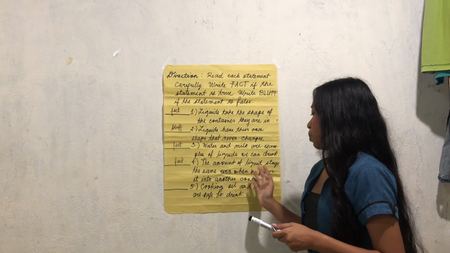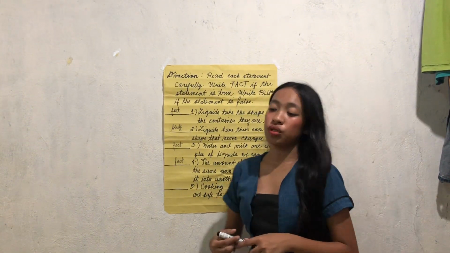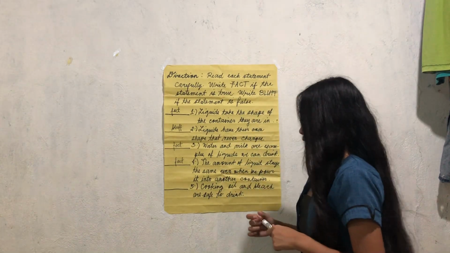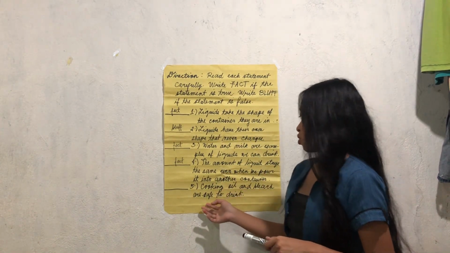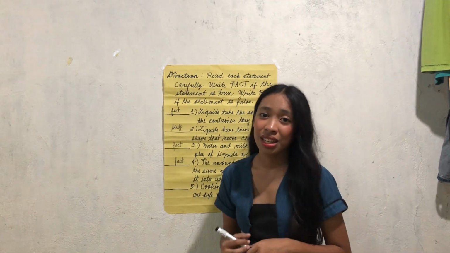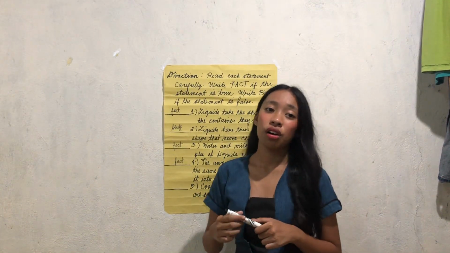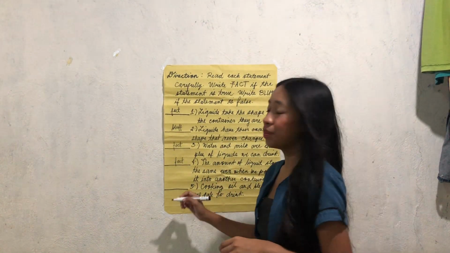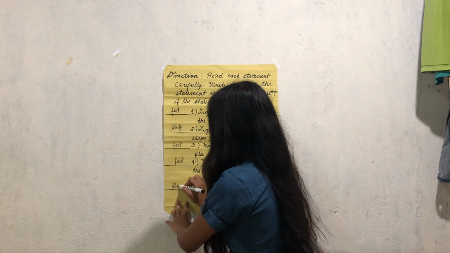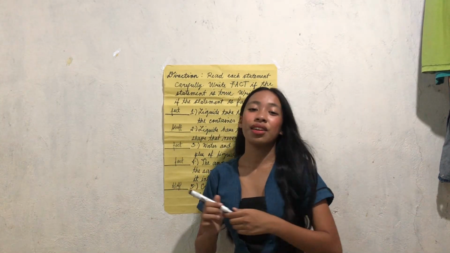Cooking oil and bleach are safe to drink. Fact or bluff? Is it safe to drink bleach? Can we drink bleach? No, of course not. So it is a bluff. Okay, very good.